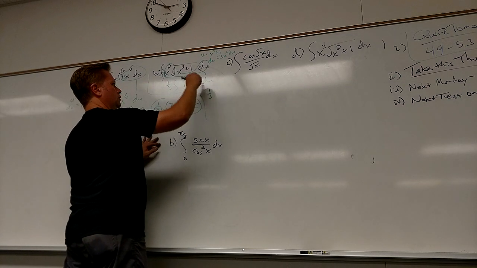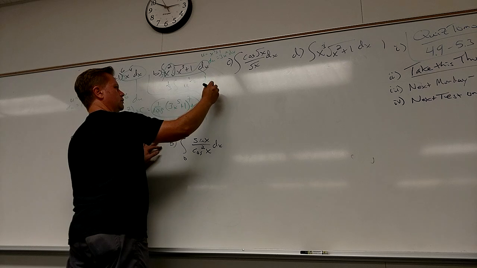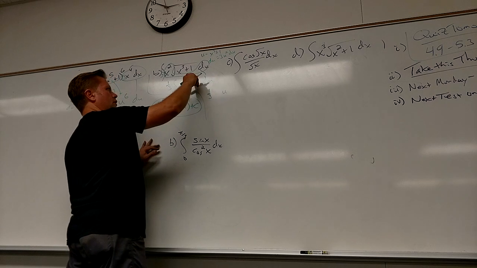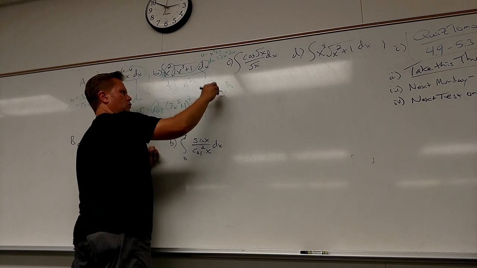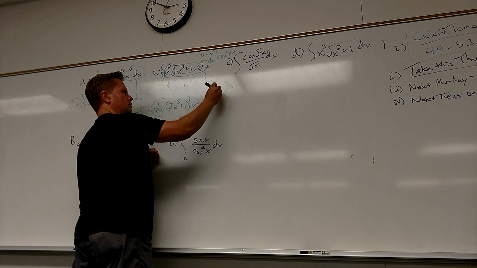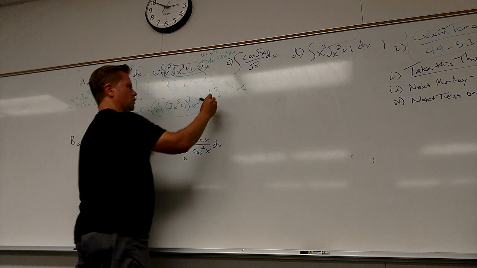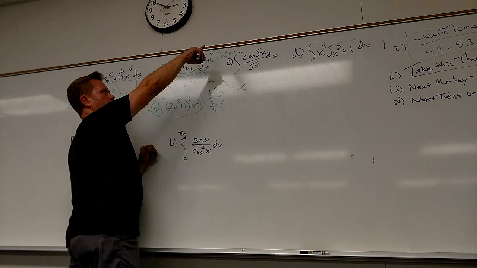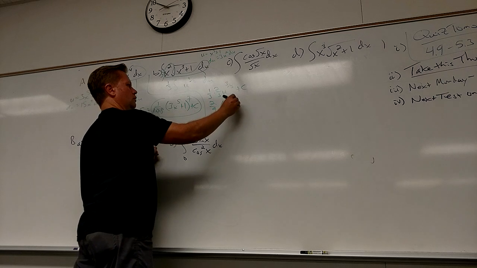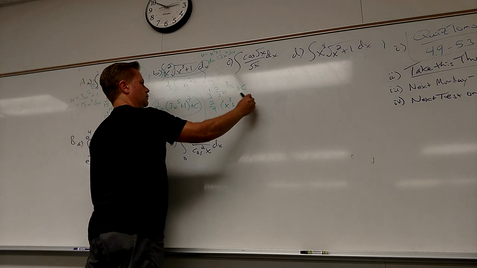What is the integral of u to the 1/2? Yeah, exactly. So there'll be 3/2, and then you multiply by the reciprocal of this. So I get 2/9. u was x cubed plus 1, to the 3/2, plus c.